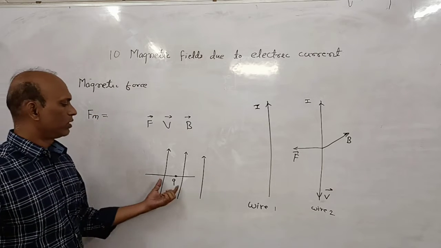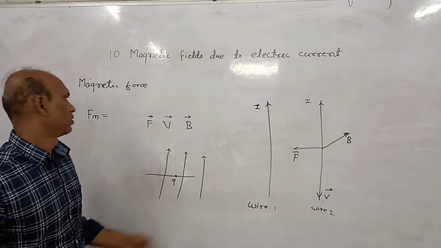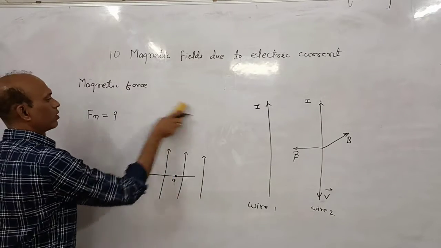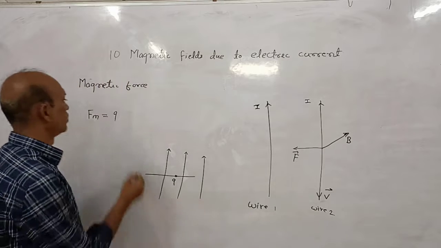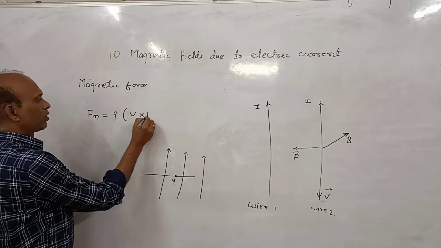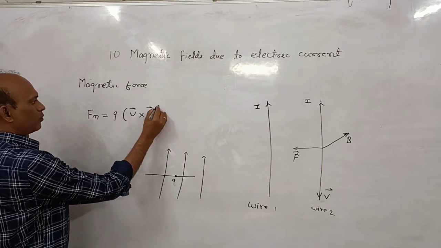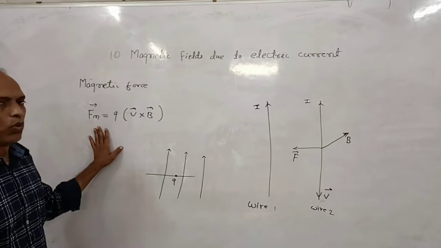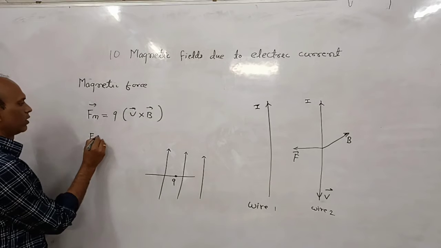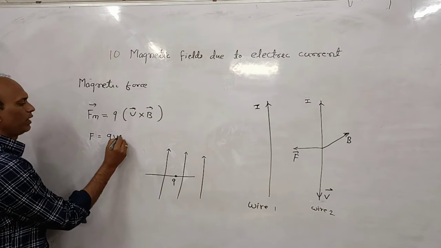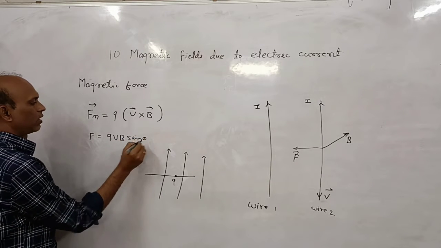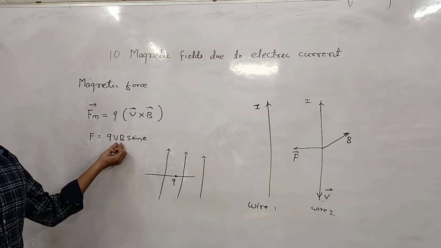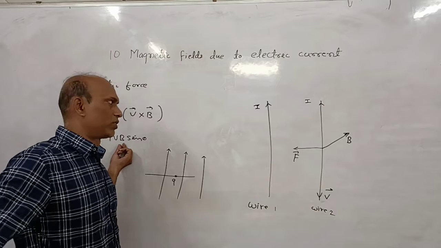The force on this charge will be Q V cross B, and the magnitude of this force will be F is equal to Q V B sine theta.